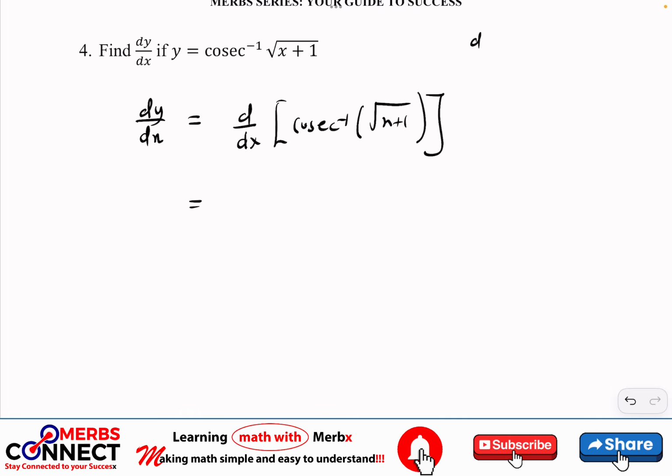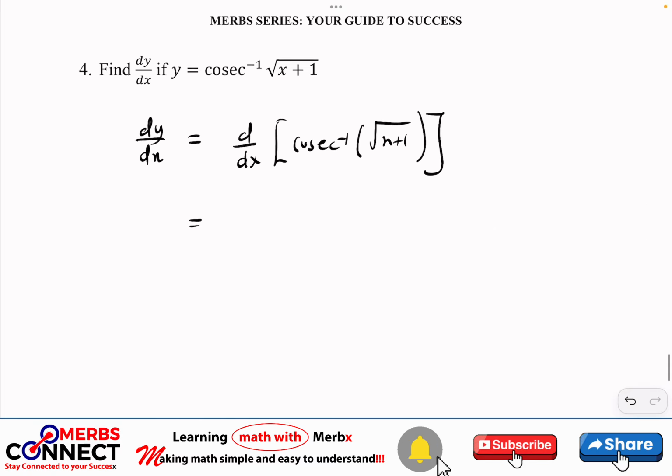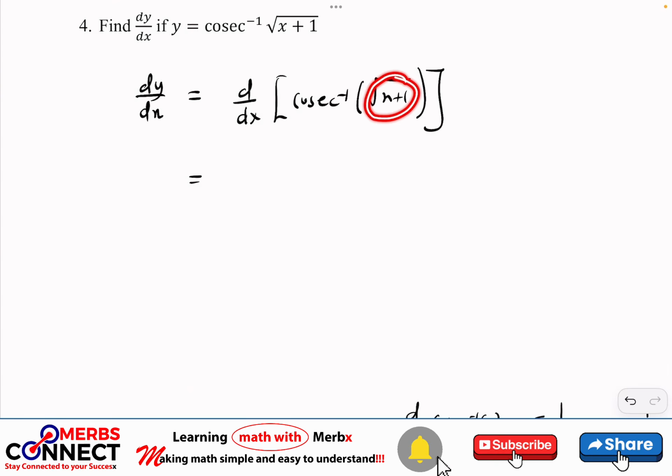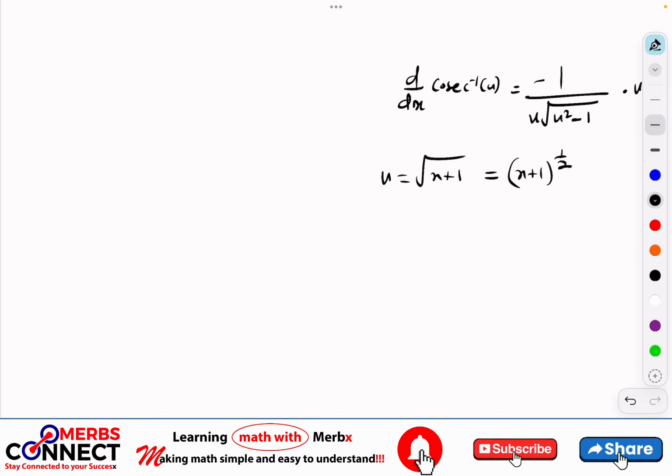So let me just write it somewhere here. We know that d over dx of cosecant inverse of u is minus 1 divided by u squared minus 1 times u prime. What is u here? Our u is equal to square root of x plus 1, as we can see from the parentheses. This is the same as x plus 1 to the power 1 over 2.